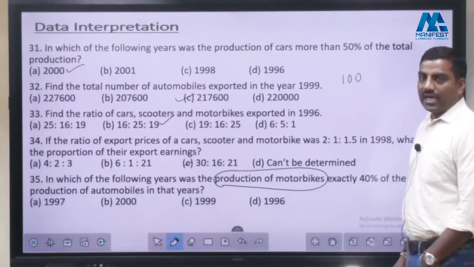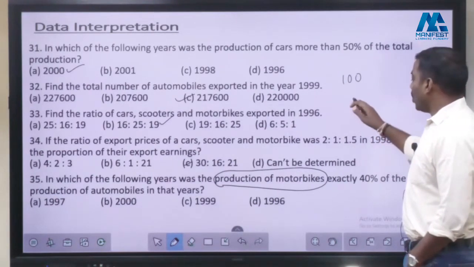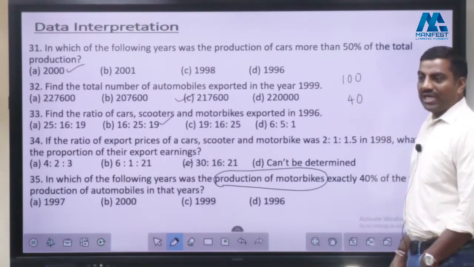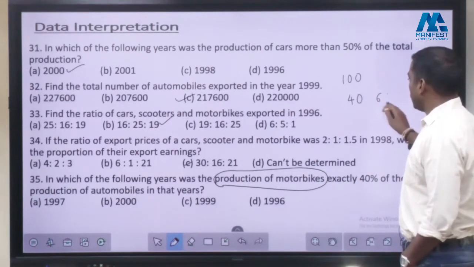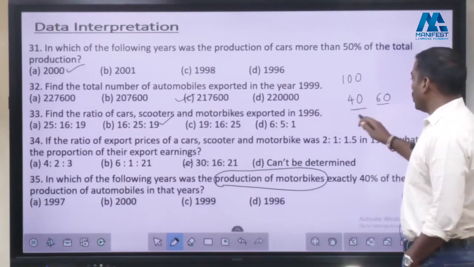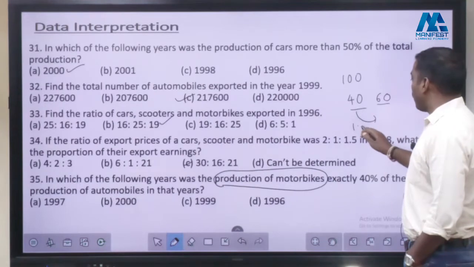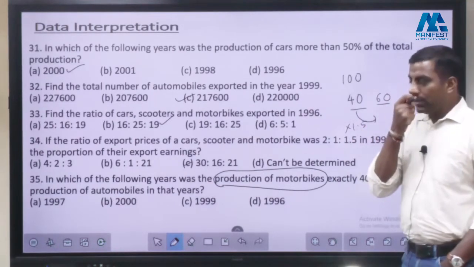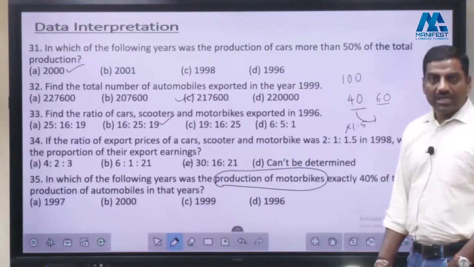Total production was 100. So, what should be the number of motorbikes? 40. What about the other two? Totally 60. So, the other two have to be 1.5 times of what? The motorbikes. Is it logical?